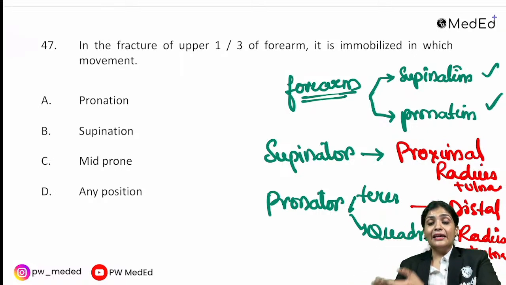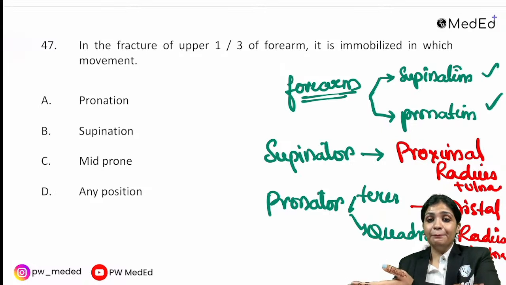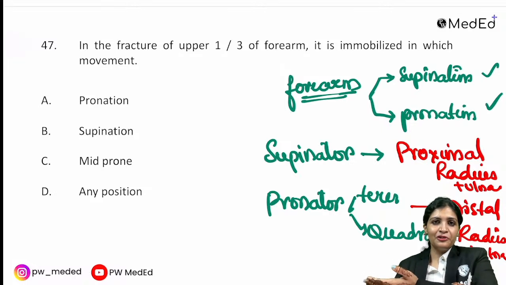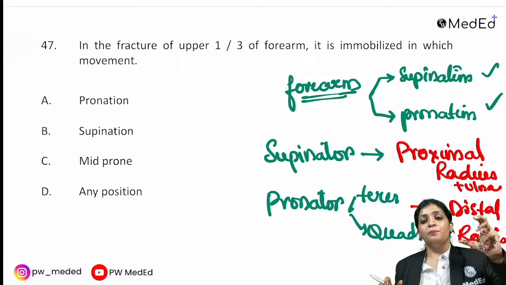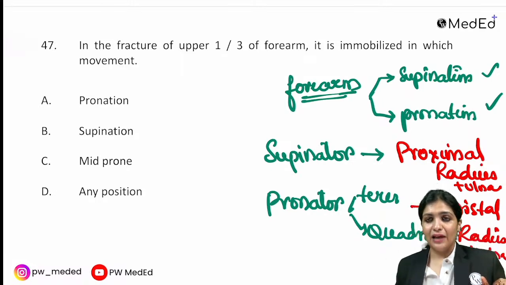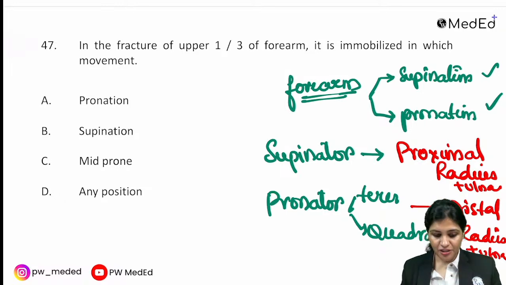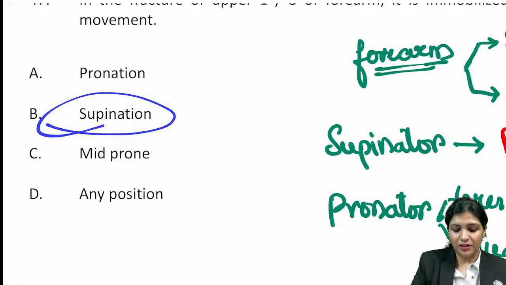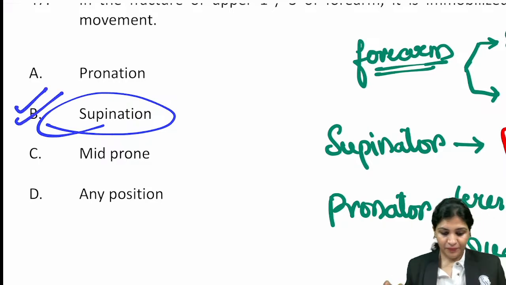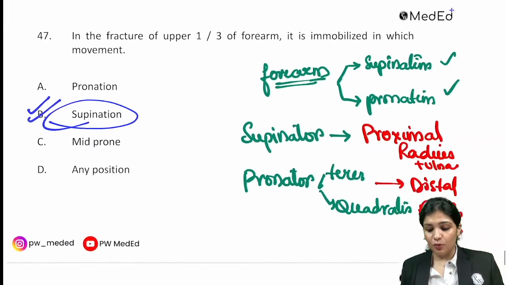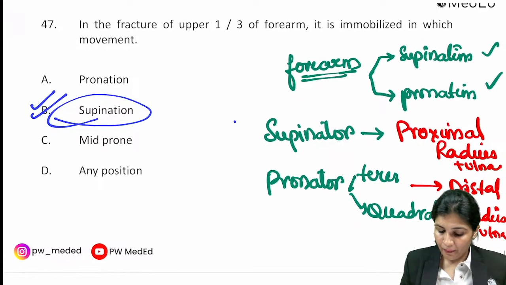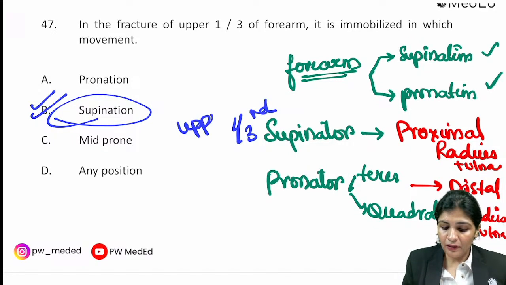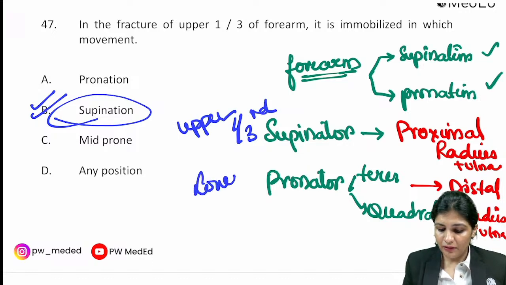Similarly, if there is a fracture in the upper one-third of the forearm, you do it in supination, because the supinator muscle will pull the fragment into supination. For that overpulling of the supinator, you put it in supination. So this is supination for the proximal one-third, and in the distal one-third you go for pronation. Upper one-third, then lower one-third.